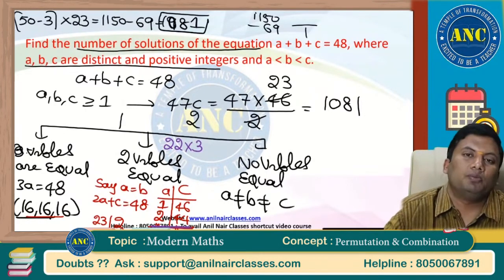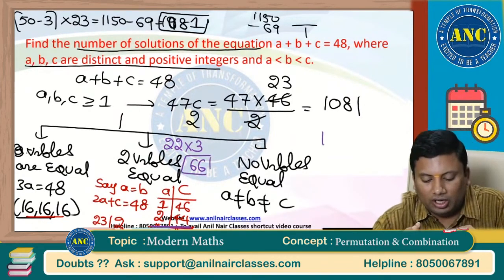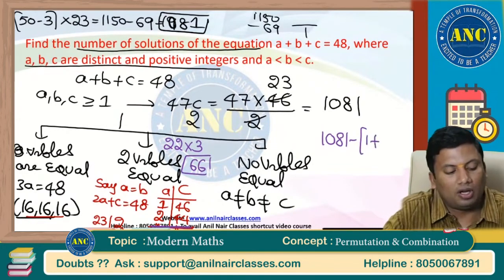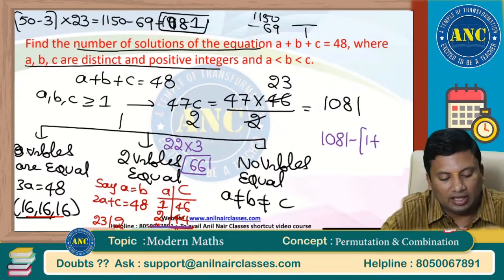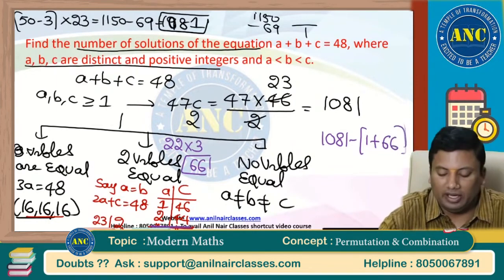a equivalent to b, b equivalent to c, c equivalent to a, so total 66 we got. Out of 1081, there is one case where all 3 variables are equal, and 66 cases where 2 variables are equal.